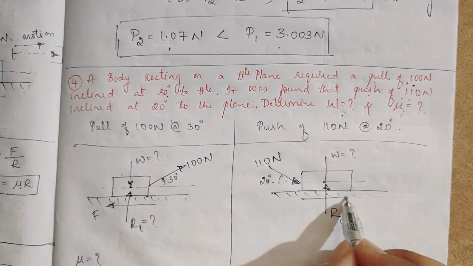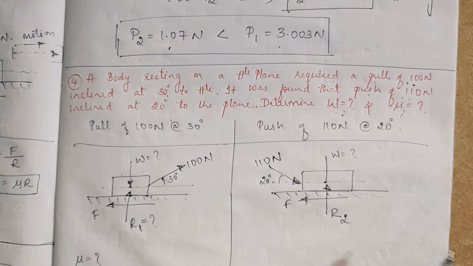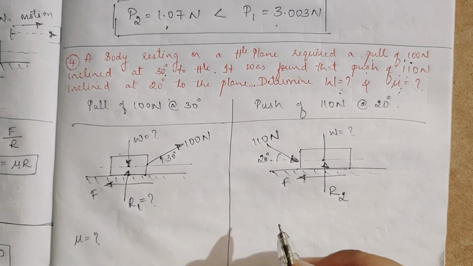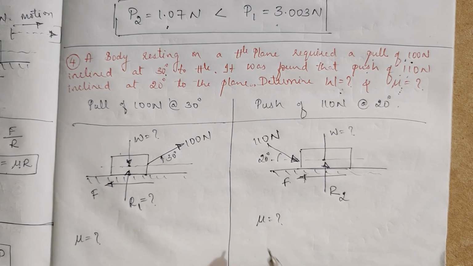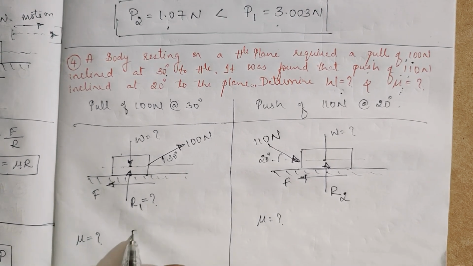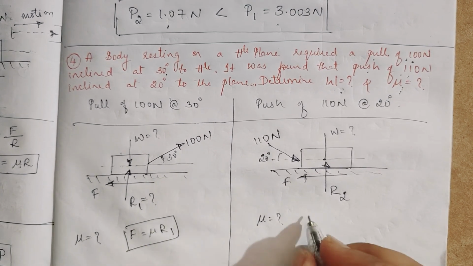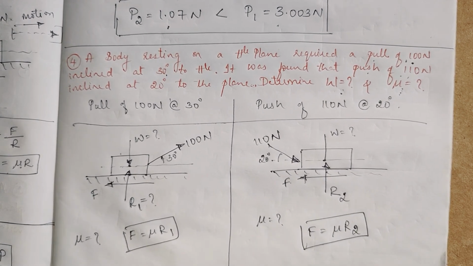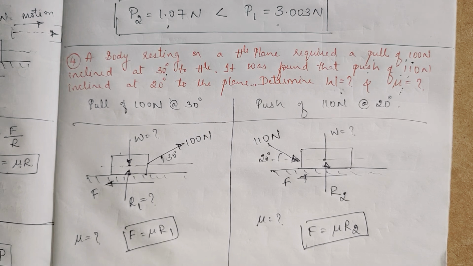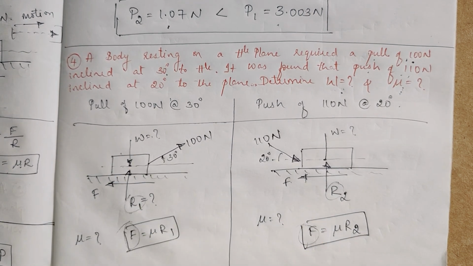What is this? F. We also have to find mu, which will be the same. So here, F is equal to mu R1, and here F is equal to mu R2. What is the value of F, R1 and R2, and what is the weight of the body? We'll see in the next page.